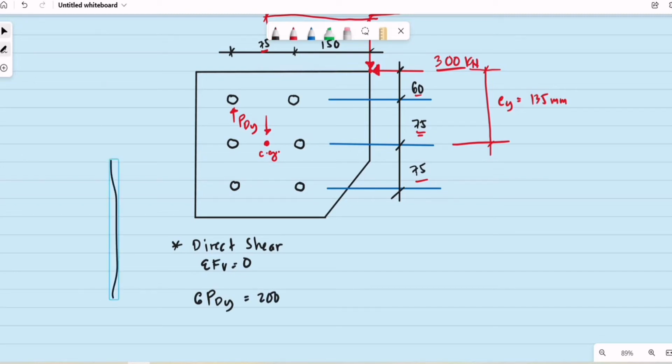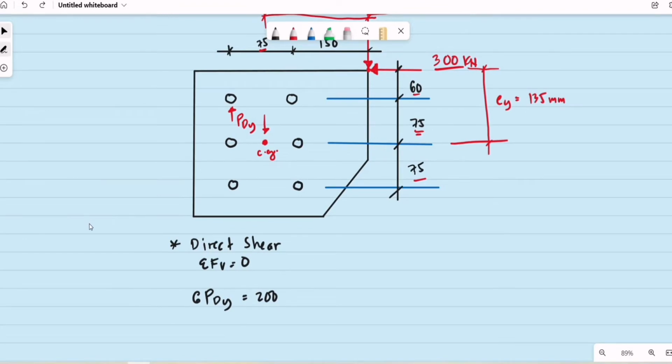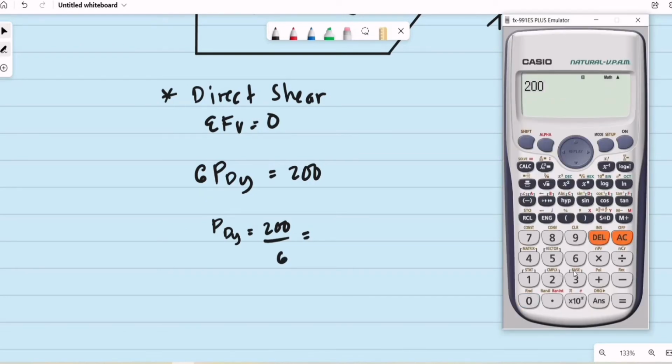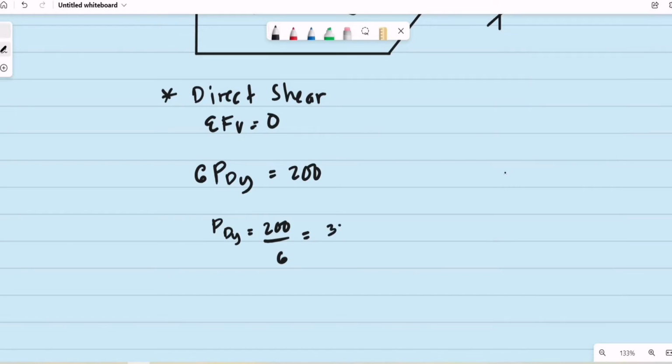So what will be the direct shear for 1 bolt considering the vertical load, 200 kilonewtons? That is basically 200 divided by 6, which is equal to 33.33 kilonewtons per bolt.